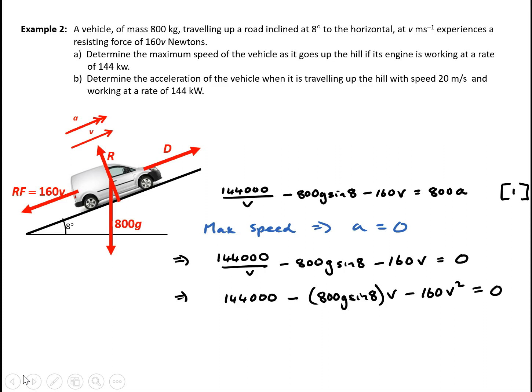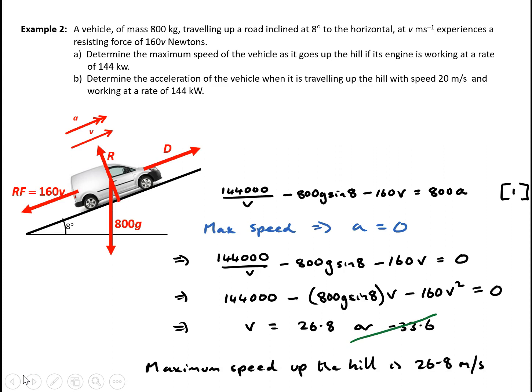That quadratic equation can be solved using a calculator, and we obtain the solutions v equals 26.8 or minus 33.6. The minus 33.6 case is clearly not appropriate. We can't have a maximum speed up the slope which actually is a speed down the slope, so we'll ignore that one. So our maximum speed up the slope is 26.8 meters per second.